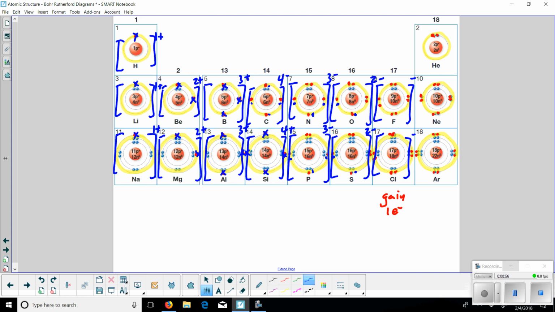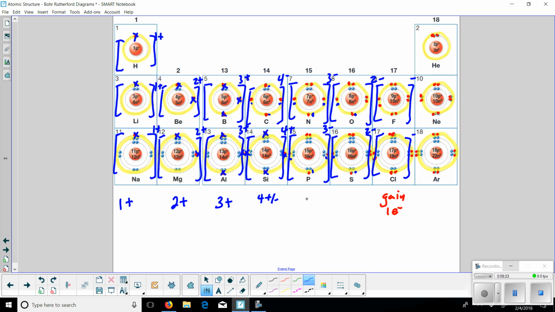So let's recap. So far, group 1 can form ions with a charge of 1 plus. Group 2, cations, 2 plus. Group 3, cations with a charge of 3 plus. Group 14, they can form 4 plus or negative. It depends what they're associated with, how they're reacting.